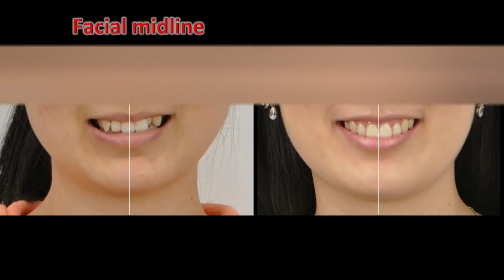When the facial midline and dental midline align, it would be aesthetically pleasing and the patient will be happy with it. But there are some issues concerning the facial midline. First, we can discern that this gentleman's dental midline is significantly deviated from the facial midline.